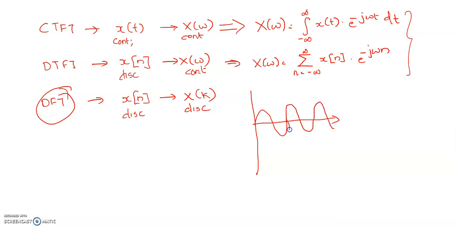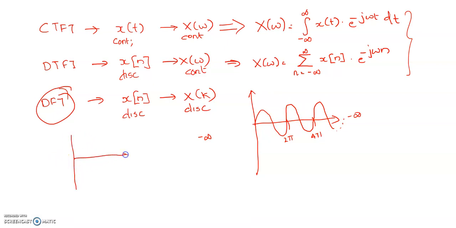If this is an interval 2 pi and this is 4 pi, the signal in each such interval will be periodic as well as continuous. Continuous implies it exists from minus infinity to infinity, so there is no doubt about that. But periodicity implies that it will be repeating over the interval 2 pi, and hence you don't have to consider the entire span of this signal.